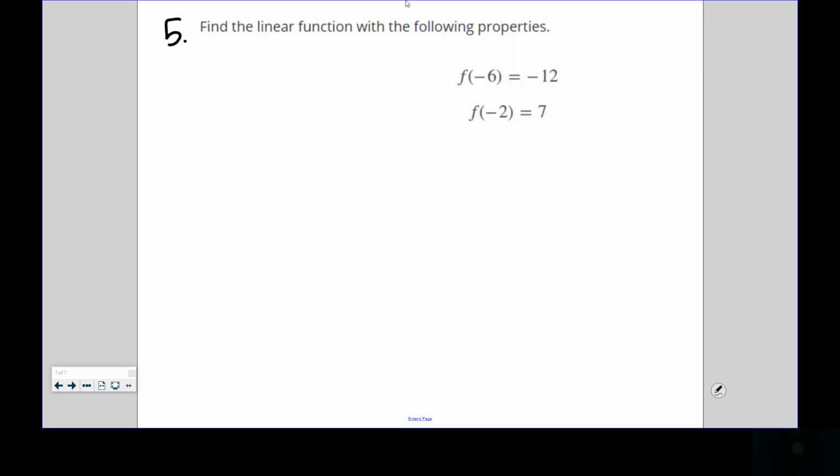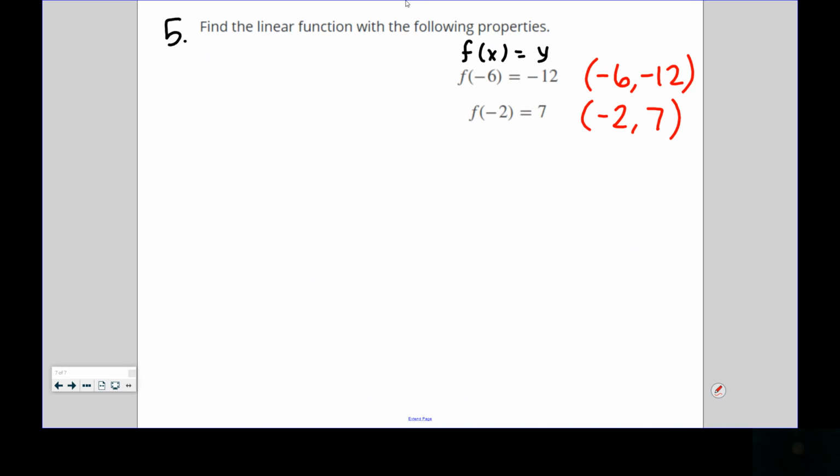All right, so using that definition of f of x equals y, let's convert these into ordered pairs. So what would be this ordered pair? Good, -6, -12. And then the next one? Good, -2, 7. Perfect.